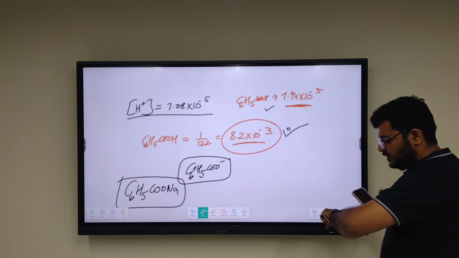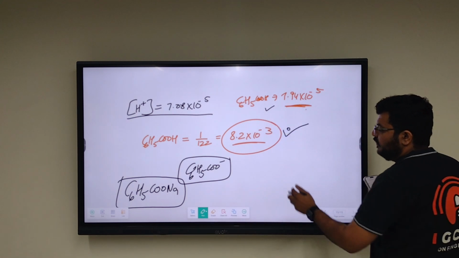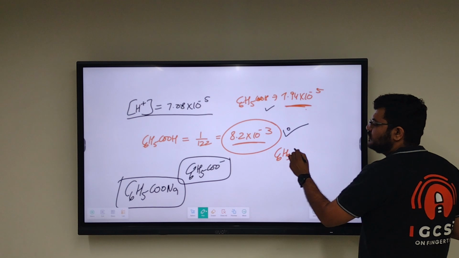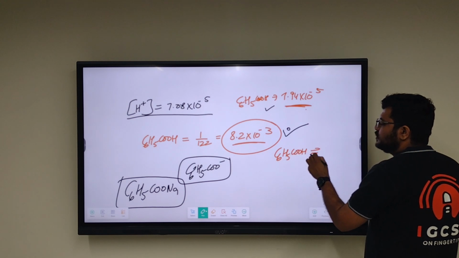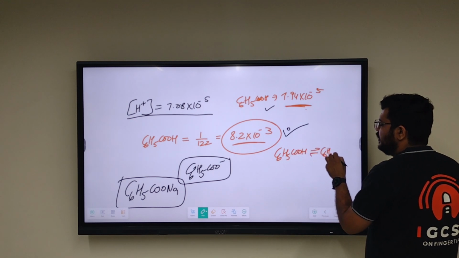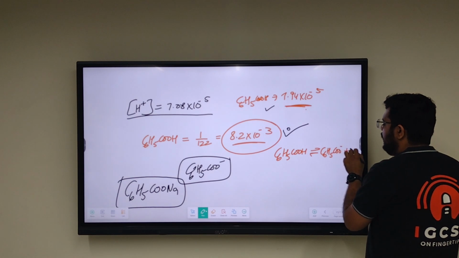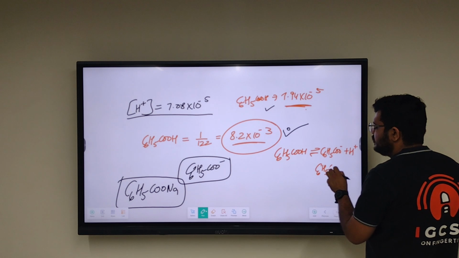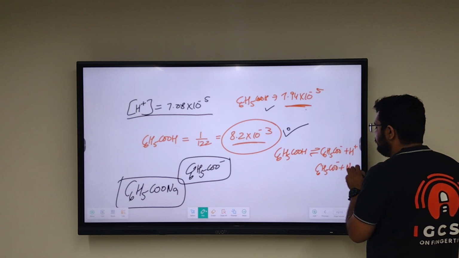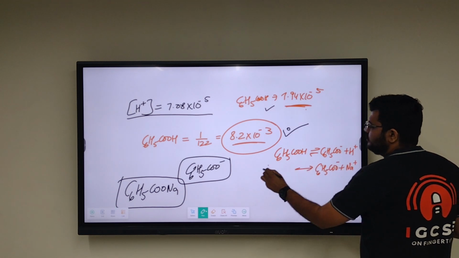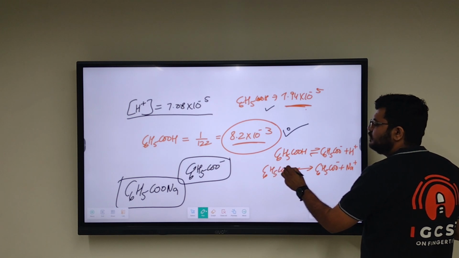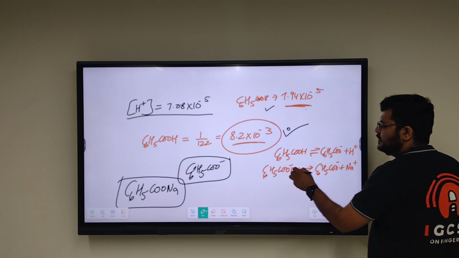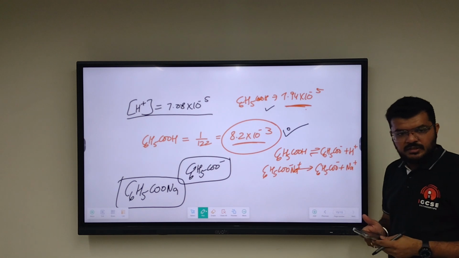In this you have to consider a common ion effect: C6H5COOH dissociates to form C6H5COO minus and H plus, and C6H5COO minus and Na plus was produced from C6H5COONa.